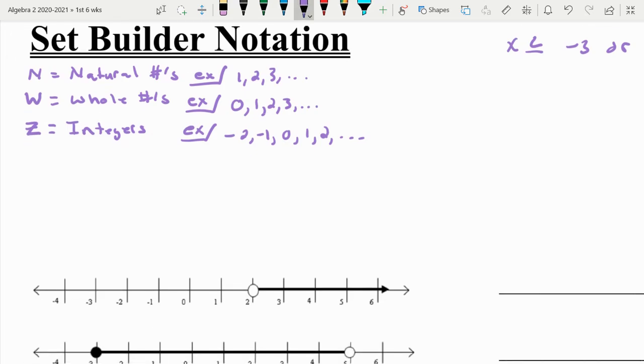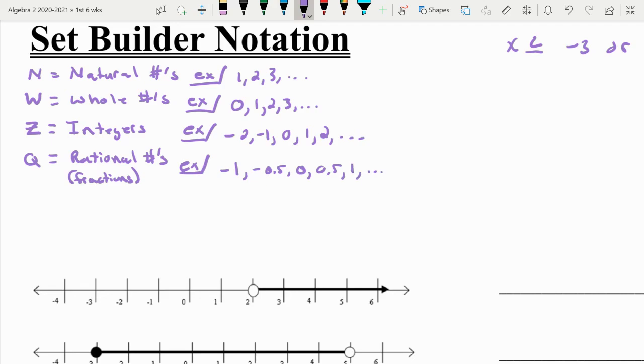And then we have the rational numbers, which is denoted by capital Q. Basically rationals are fractions. Examples of this are the numbers in between these integers. So we got -1, -0.5, 0, 0.5, 1, and so forth. So all the numbers in between numbers.